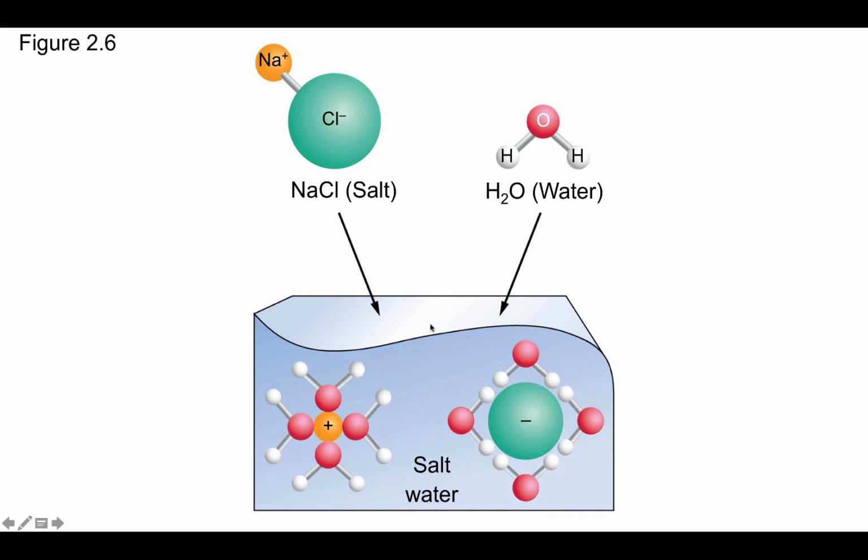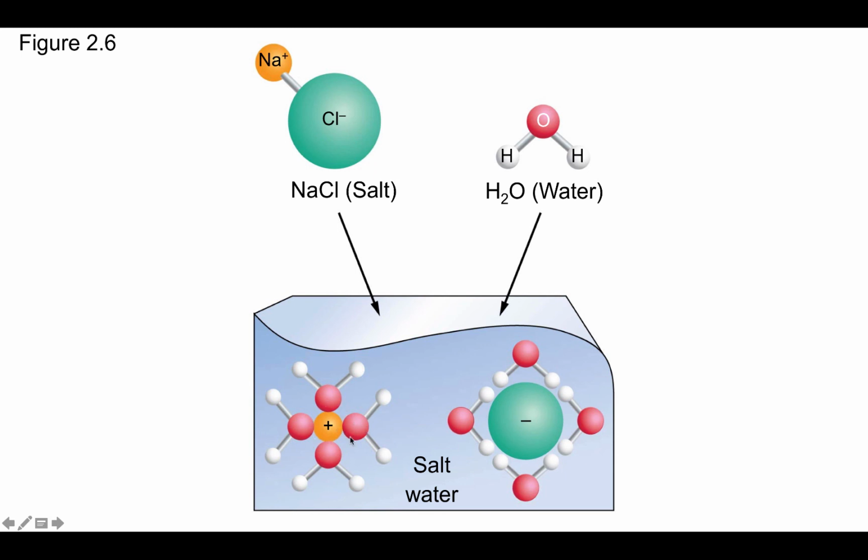So what happens when you add sodium chloride to water is basically the negative charge on the oxygen atom is going to attract the positive charge within sodium chloride. Okay, so it basically pulls that sodium atom completely away from the chlorine atom.